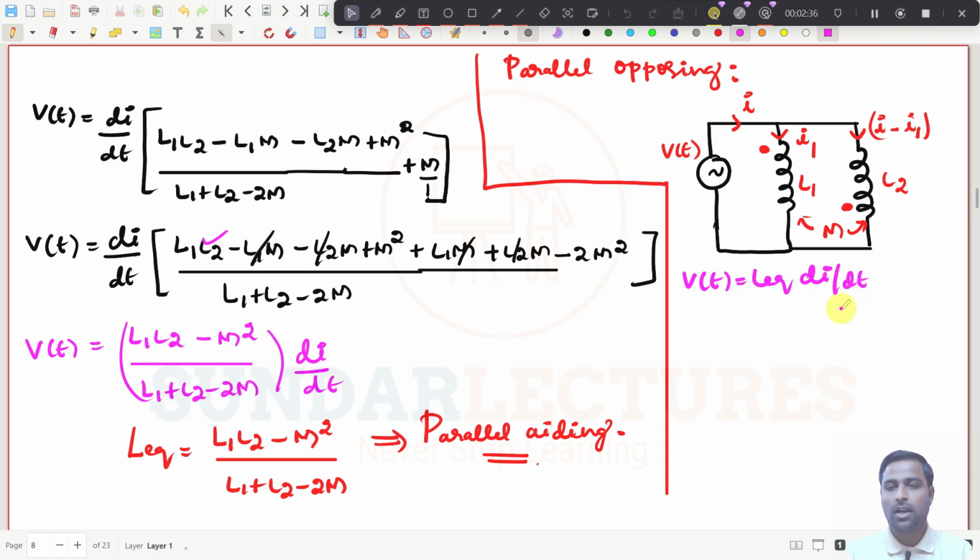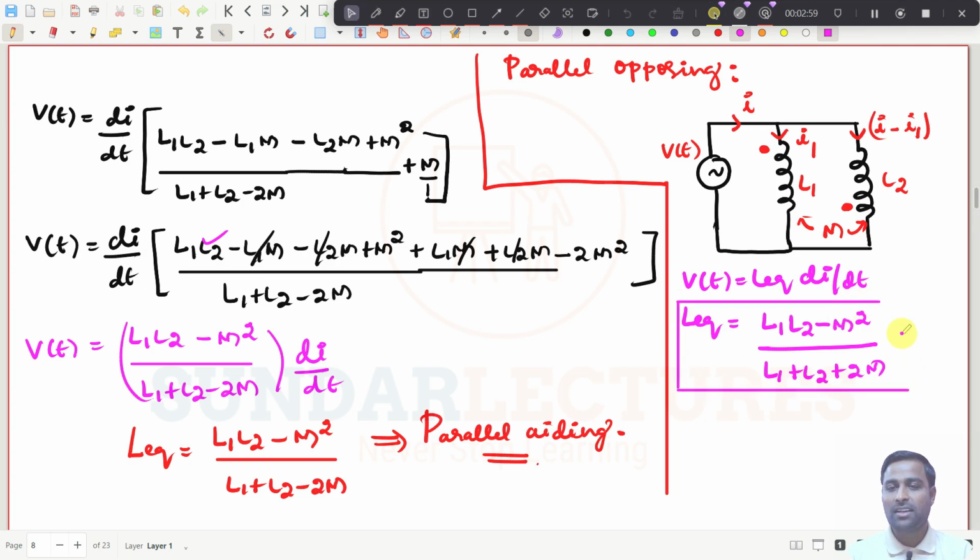And you will get L equivalent equal to L1 L2 minus m square divided by L1 plus L2 plus 2m. That is the equation.